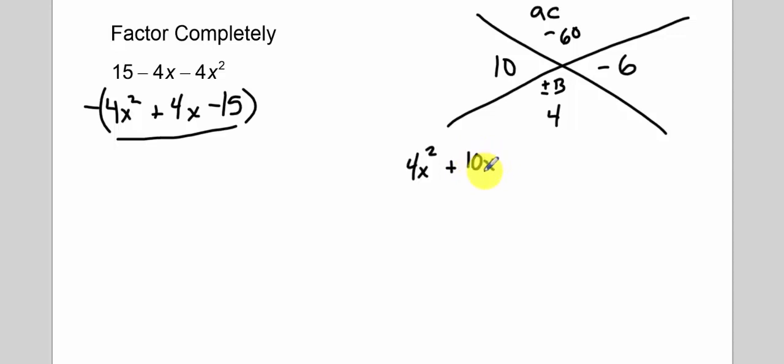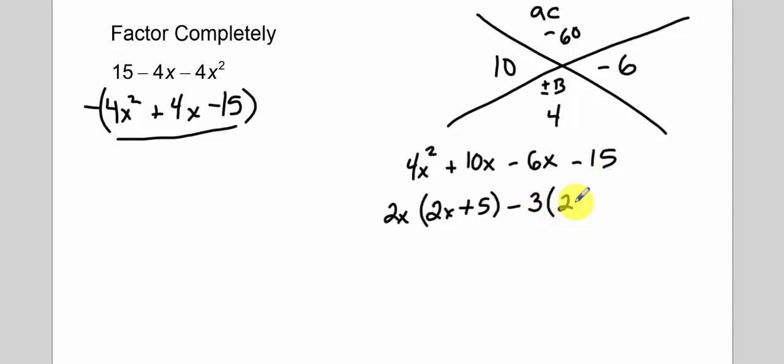I use my 10x minus 6x minus 15. This has a 2 and an x in common, leaving me with a 2x plus 5. Pull the negative out, and a 3. And we have a 2x plus 5. GCF once again, 2x plus 5.